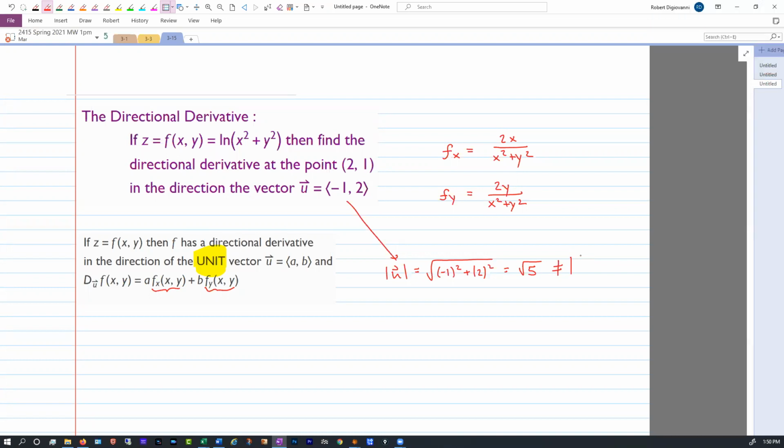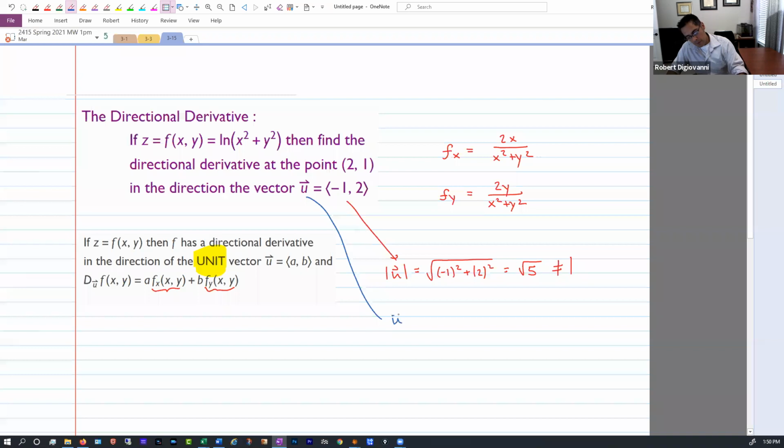No. No, but we can always find a vector pointed in the same direction that is a unit vector by taking this vector, u, and dividing it by its own length.